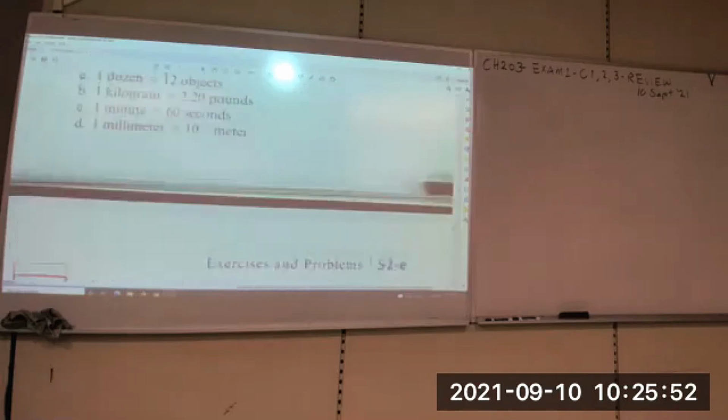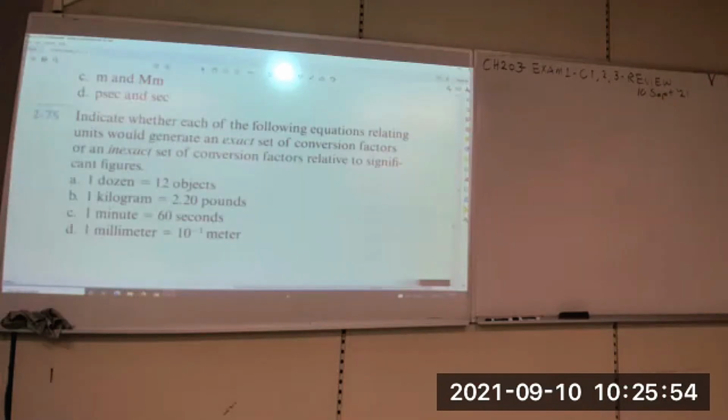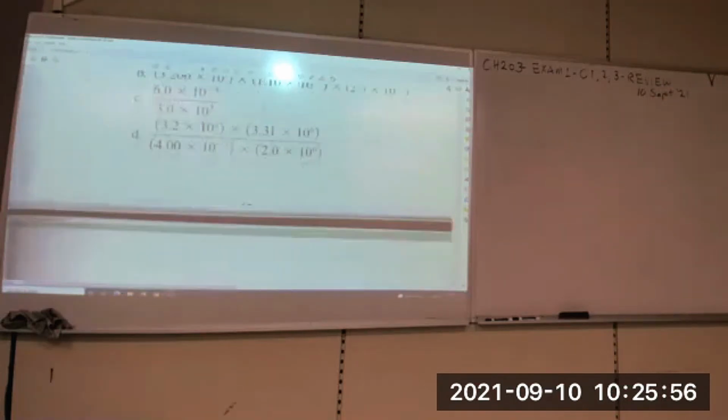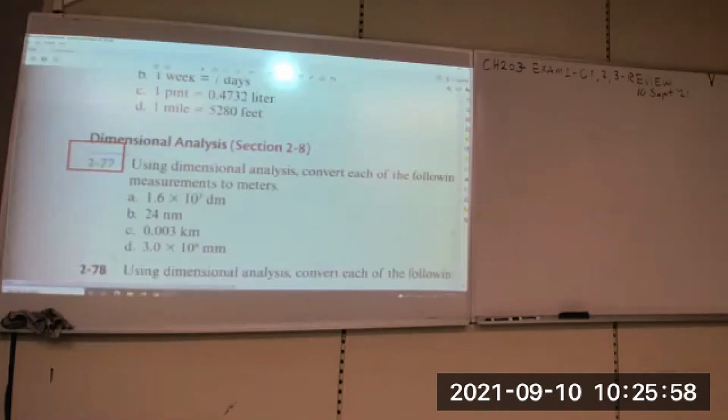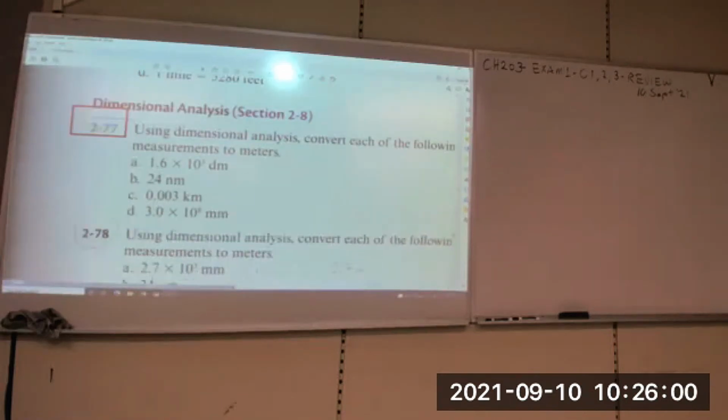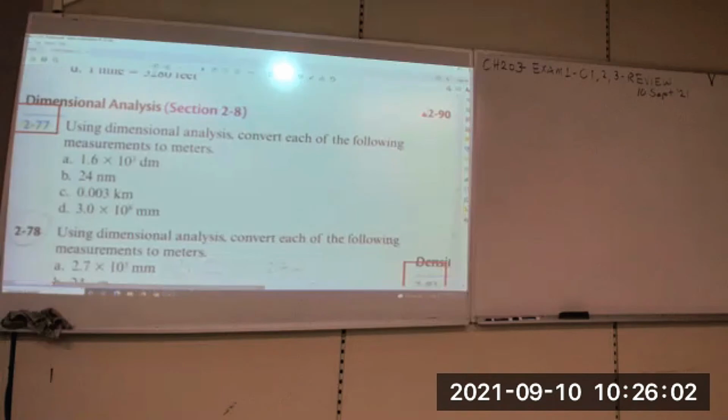Okay, let's see. I'm already on the right, so we'll go back to the left. How about this one? Using dimensional analysis, convert each of the following measurements to meters. Unit conversions. That as a general concept, is that giving anybody trouble? No?